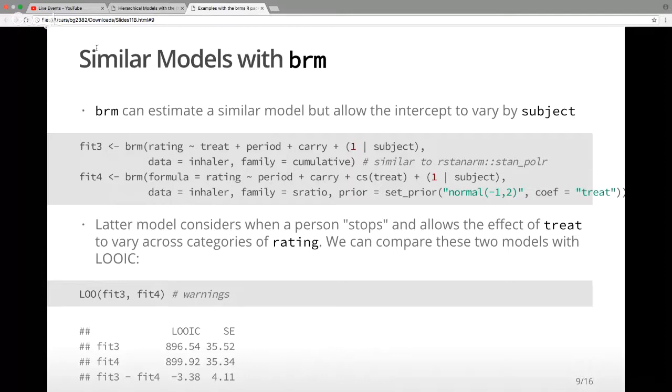So apparently these subjects were actually asked, over some period of time, how much do you like their inhaler? So here's a model with the same linear predictor, but I'm now allowing my intercepts to vary from one subject to the next, and I have normal beliefs about those deviations before seeing the data.